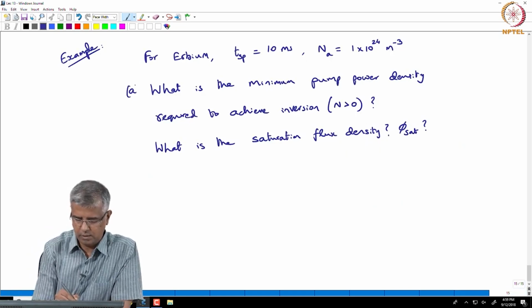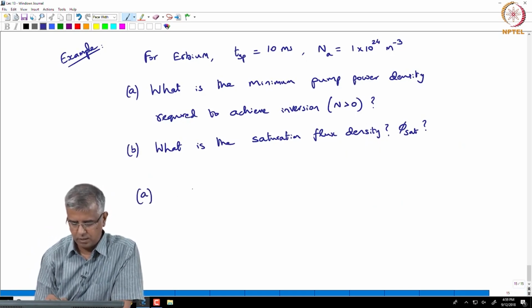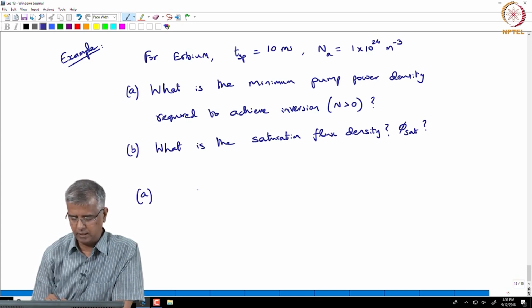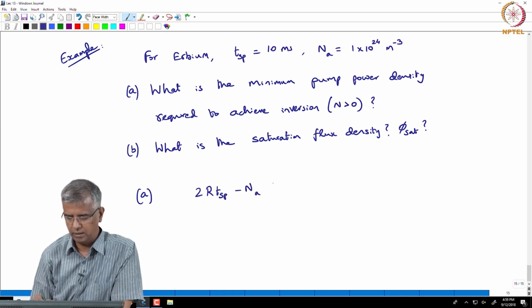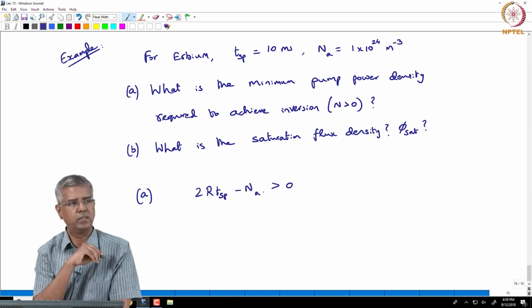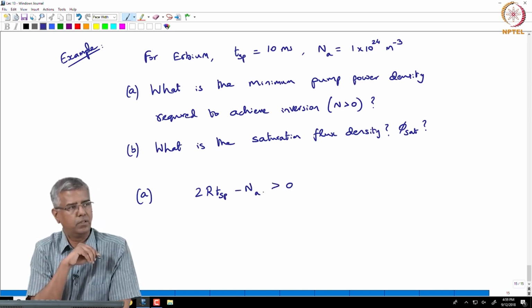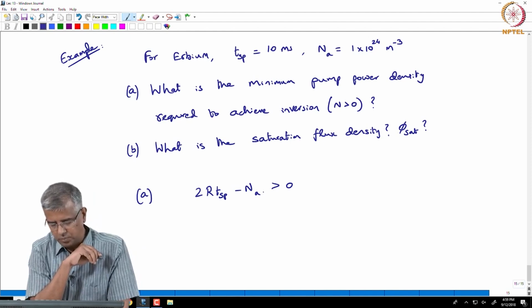Let us say this is the A part and this is the B part. In the A part, what we are saying is that 2 times R TSP minus Na has to be greater than 0, for n naught to be greater than 0.